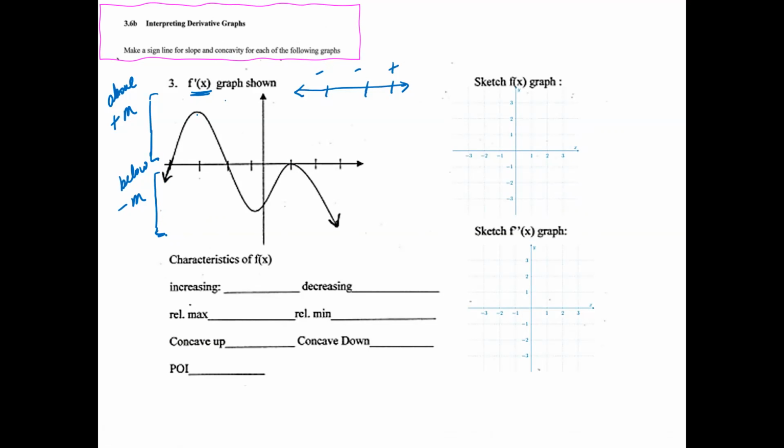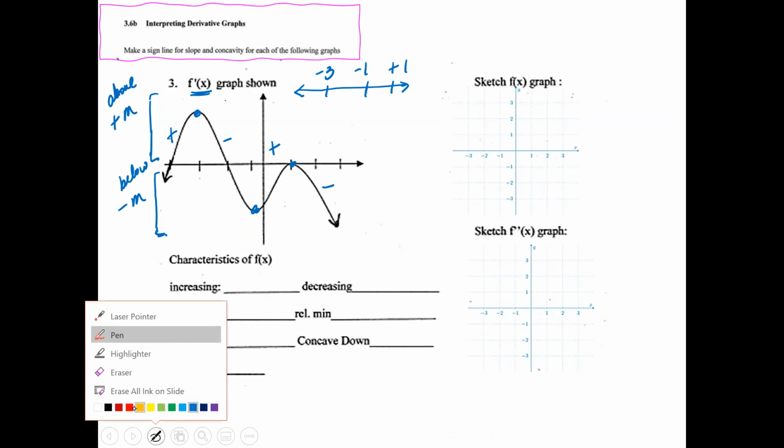Just kidding. Sorry. -3, -1, and +1. All right, so looking at the slopes, on the left side of -3, it is a positive slope. In between -3 and -1, it's a negative slope. Between -1 and +1, it is a positive slope. And then from 1 to the right side, it's a negative slope.